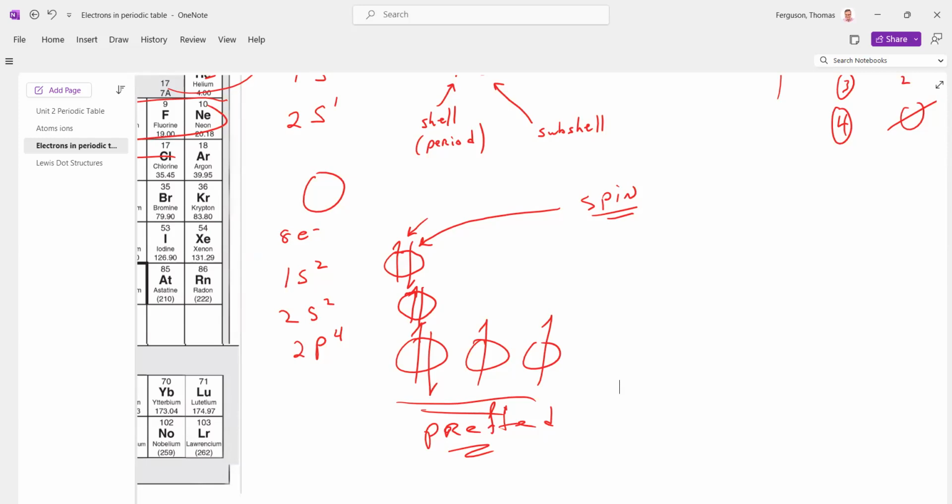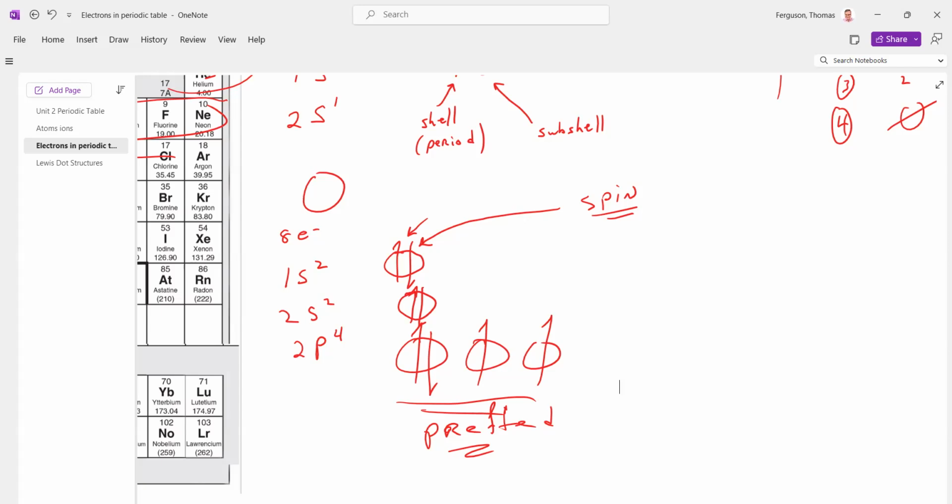So oxygen likes to form a -2 ion. Remember, -2 means 2 extra electrons. Guess where we're going to put them? Right here. Now, oxygen -2 has a full shell. So it went from a not full shell, a not full subshell, to a full-blown shell.